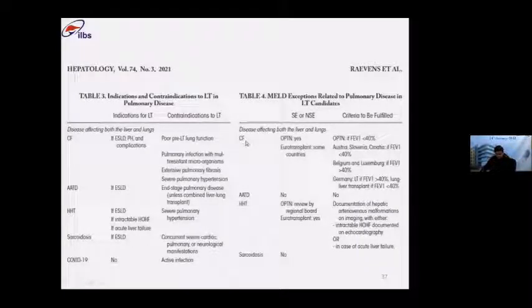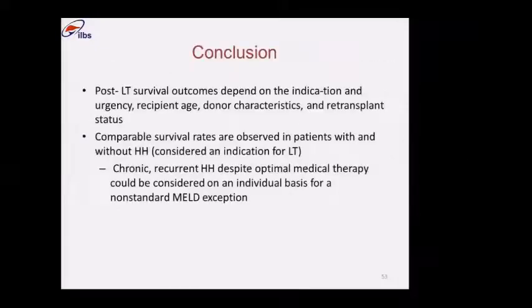So mild exceptions related to pulmonary disease in LT candidates. In cystic fibrosis, yes, mild exceptions are given if FEV1 is less than 40%, and in other countries varying. In alpha-1 antitrypsin deficiency, no mild exceptions are given. So coming to the conclusion, post-liver transplant survival outcomes depend on the indication and urgency, recipient age, donor characteristics, and retransplant status.